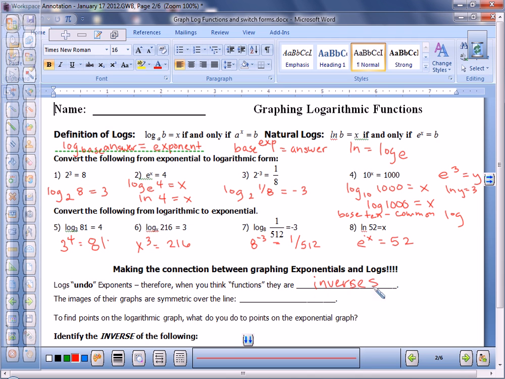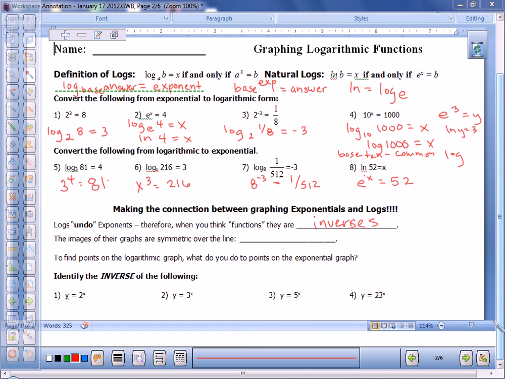So if we graph them, when we graph inverses, they are symmetric over what line? What is that line? Y equals x. Yes, it is.